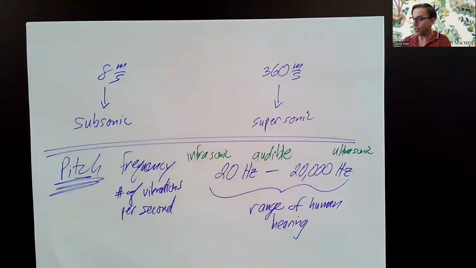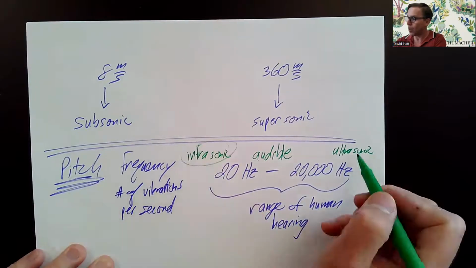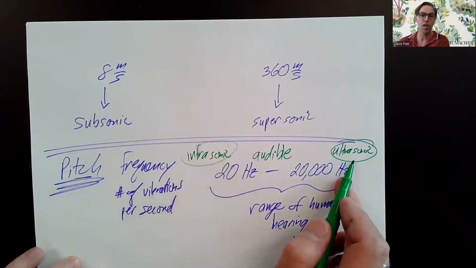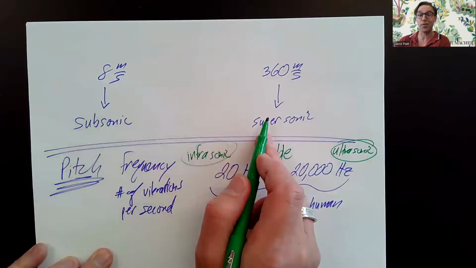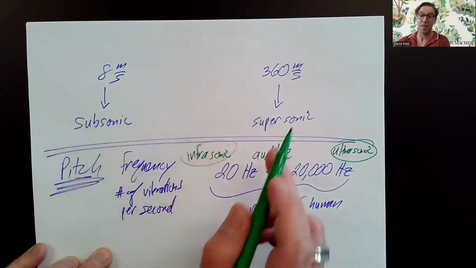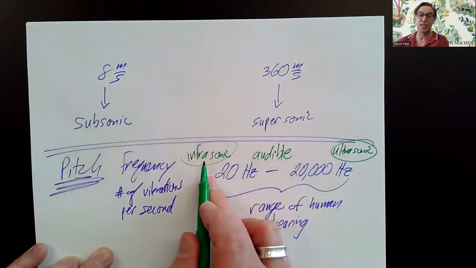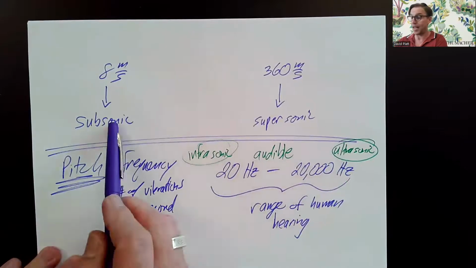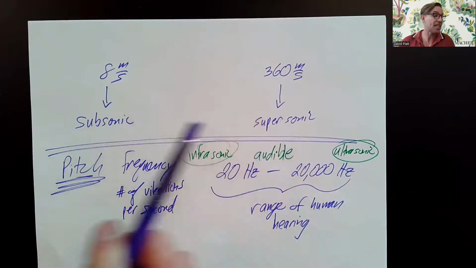So adjectives. Infrasonic and ultrasonic. Infra and ultra are prefixes that mean less and more. Sub and super are also prefixes that mean less and more. But these adjectives have to do with frequency or pitch. And these adjectives have to do with speed.